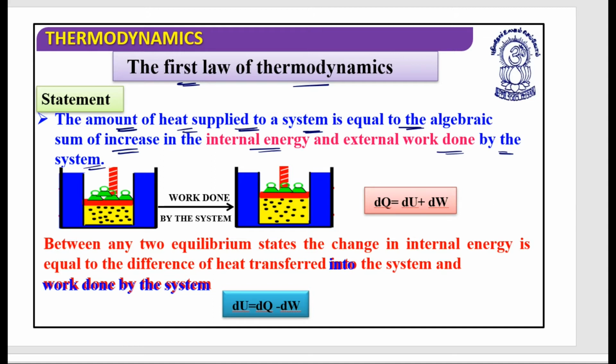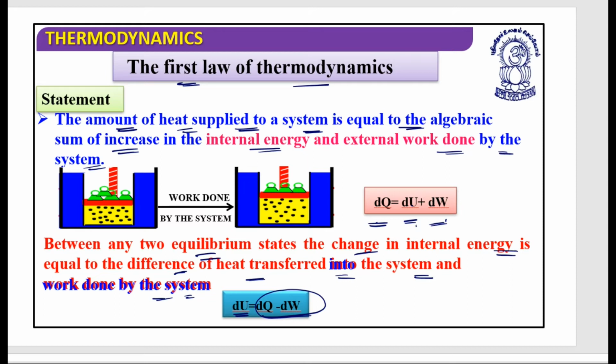So delta Q is divided into two parts: delta U and delta W. This dQ is equal to dU plus dW. Or, between any two equilibrium states, the change in internal energy is equal to the difference of heat transfer into the system and work done by the system. So dU is equal to dQ minus dW.